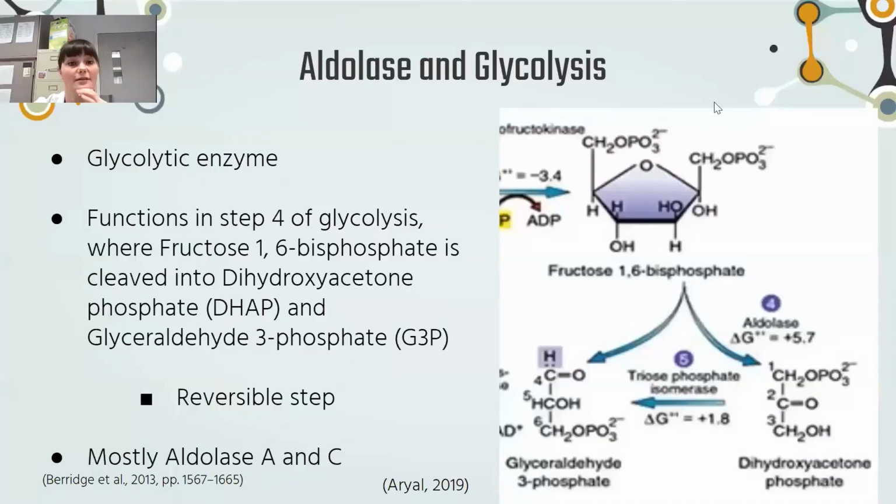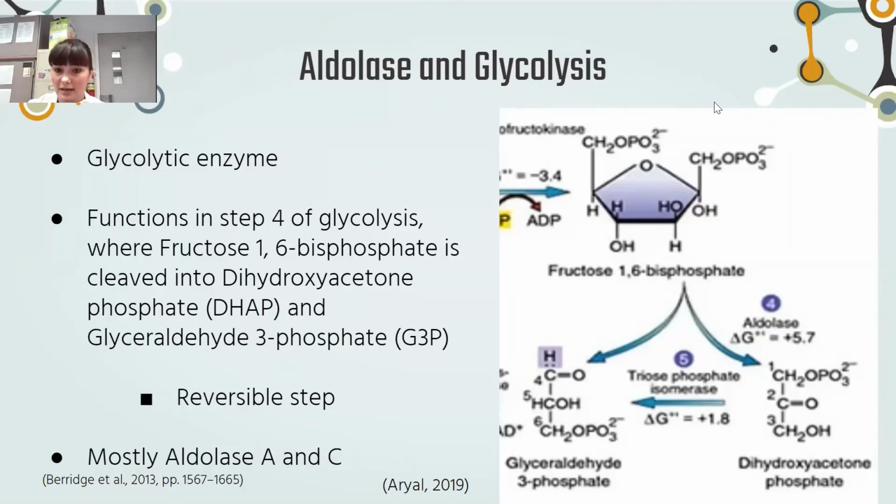So to discuss how aldolase and glycolysis relate to one another, as we've already seen, aldolase is a glycolytic enzyme that's going to cleave that fructose into 2 three-carbon sugars, that DHAP and that G3P, in a reversible step. Now, mostly aldolase A and aldolase C are going to function in glycolysis, which, if you think about it, makes sense, because aldolase A, as I had stated previously, is found mostly in muscle cells.